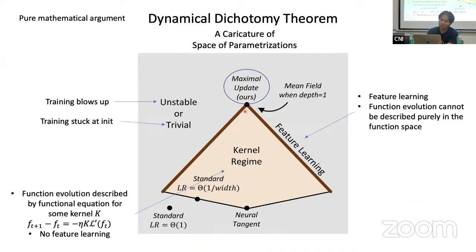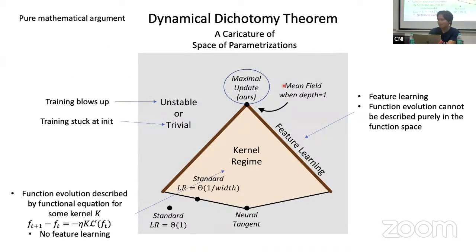As a negative example, if you pick a point off of this point right here, maybe the first layer is not learning, it's at fixed initialization, and the second and third layers are learning features. So that would not be maximal. On the contrary, maximal update is learning features in every single parameter. Okay, so this is essentially the main theoretical result.